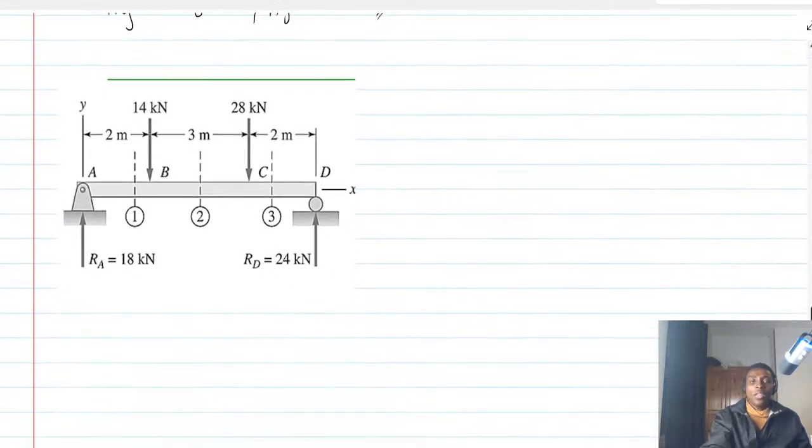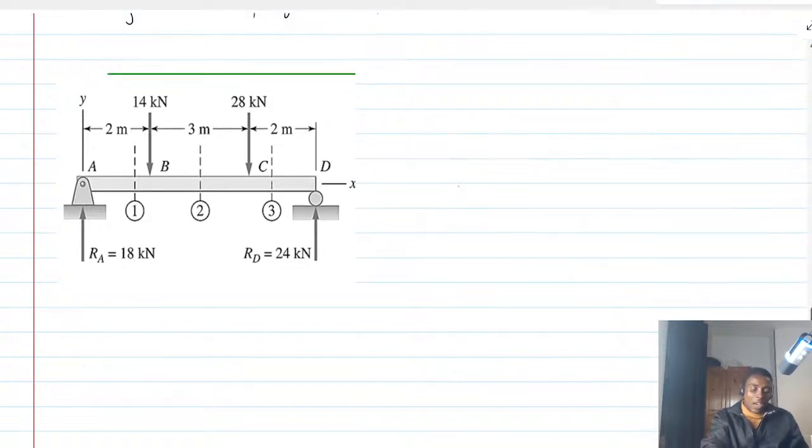Now we know all the reaction forces. So we are coming to draw the shear force and the bending moment diagram for this question. Then we close.